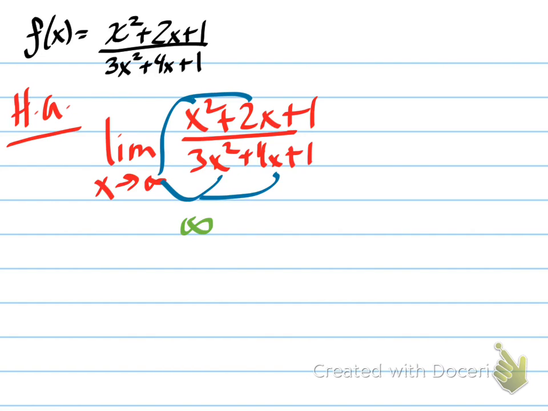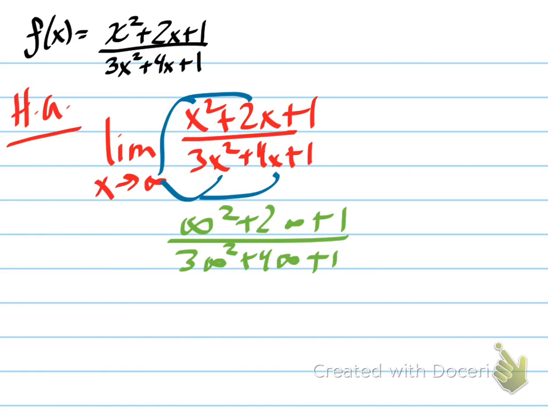So we have infinity squared plus 2 infinity plus 1, and on the bottom we have 3 infinity squared plus 4 infinity plus 1. And here's where you really have to think about the unimaginably large size of infinity. On top, I have infinity squared plus 2 infinity plus 1.